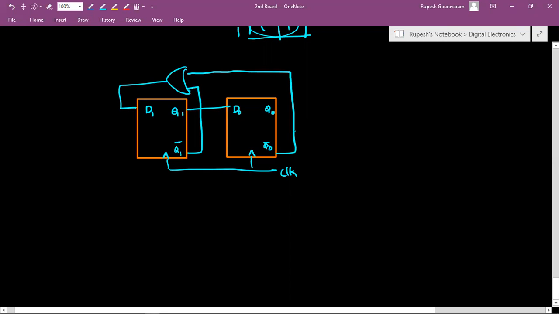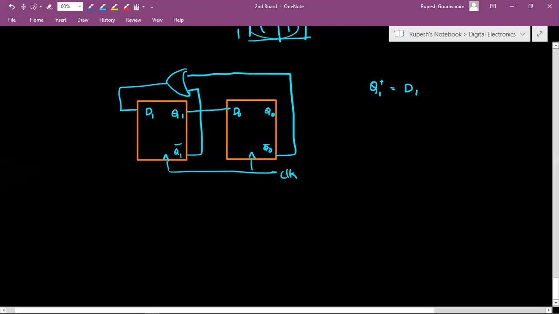And if you want the next state, you know from the excitation table that Q1 plus is same as D1.